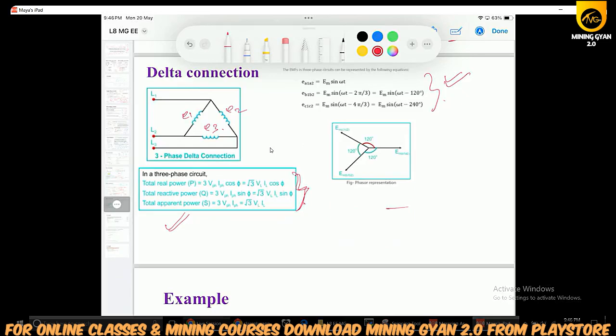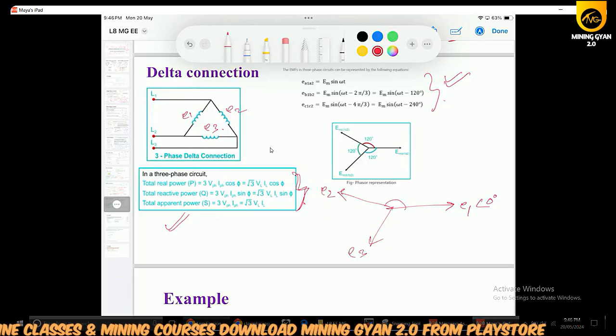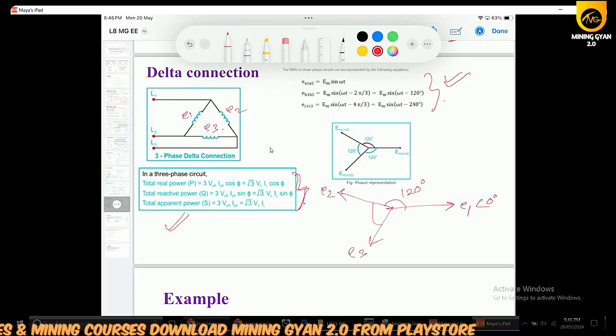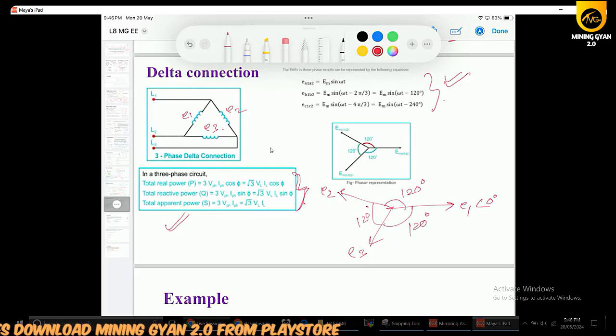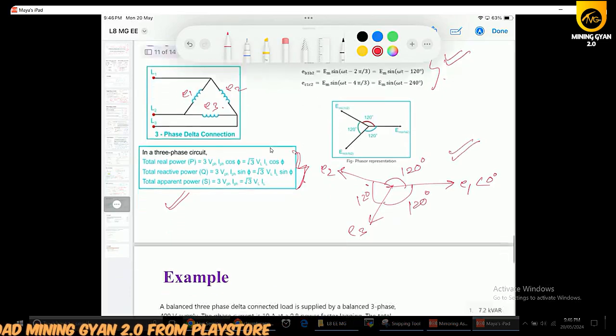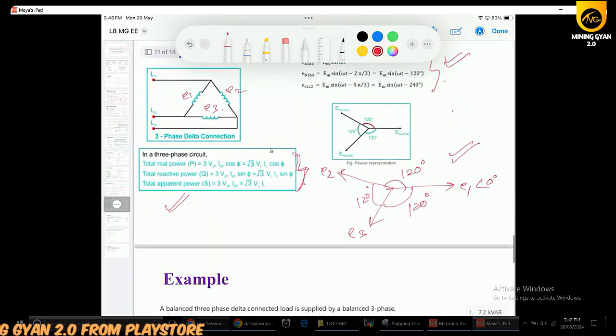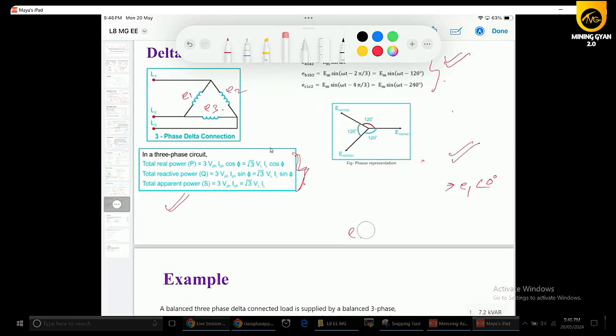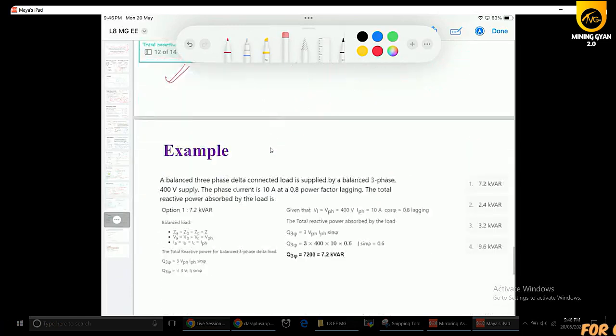Let us say E1 is at the angle of 0, then there will be E2 and E3, and these three are displaced by 120 degree phase angles. So this is the phasor representation of three phase voltages. You can represent currents also, but that will become complicated for you, so I'm not telling this to you. These things are sufficient.